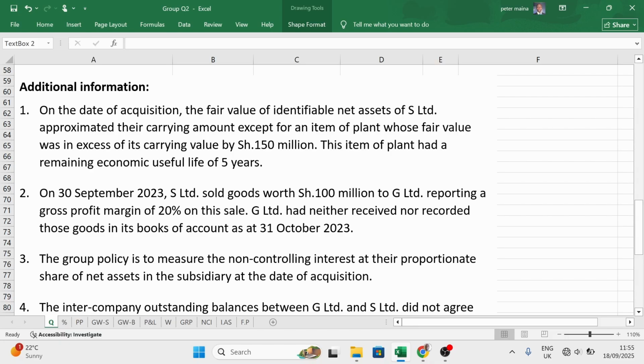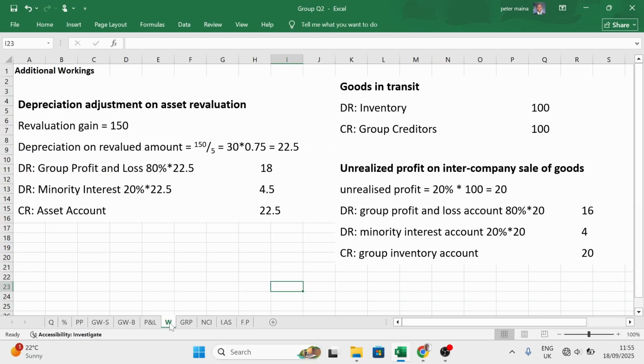So after the revaluation has been adjusted, we are required to adjust the depreciation. So that is the working that is happening here. Revaluation gain is 150. Depreciation on revalued amount is the gain itself divided by the useful life, which is 5. It will give you 30.